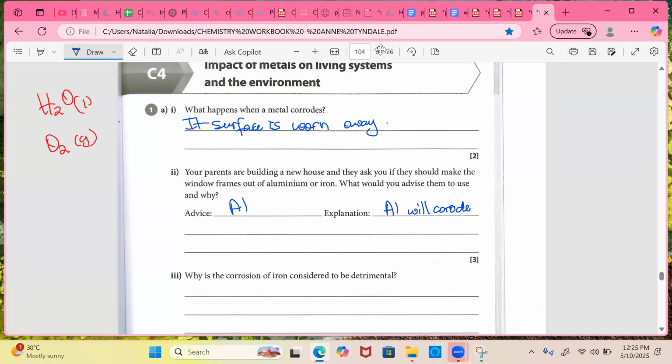The aluminum will corrode and form Al2O3, which will stick to the aluminum and prevent it from further corrosion.